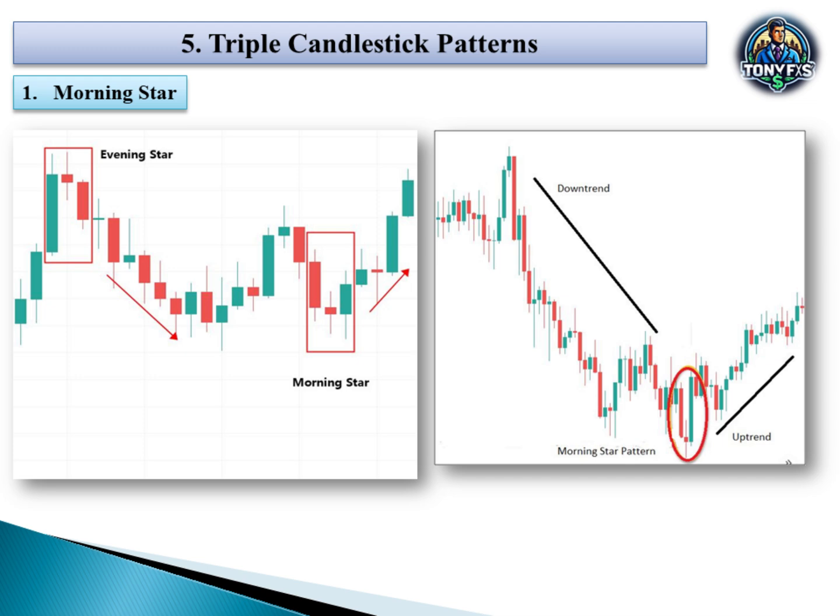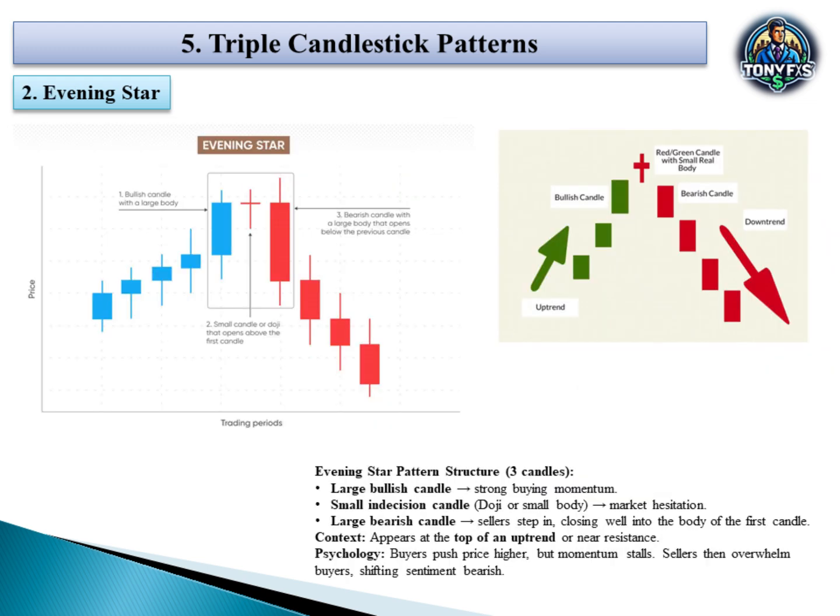Alright, now I want to talk about the evening star pattern. This is the bearish version of the morning star. As you can see, it usually appears after an uptrend.